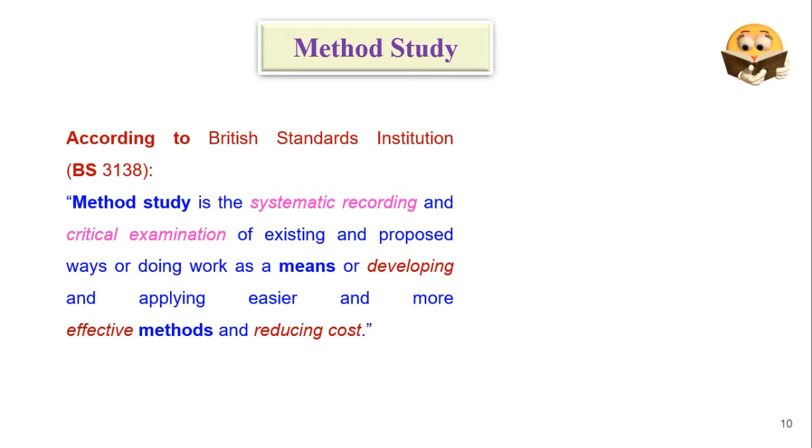So method study enables the industrial engineer to subject each operation to systematic analysis. The main purpose of method study is to eliminate the unnecessary operation and to achieve the best method of performing the operation. So method study is also called method engineering or work design.